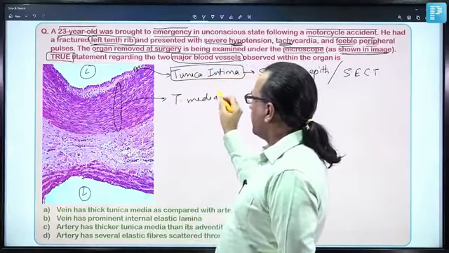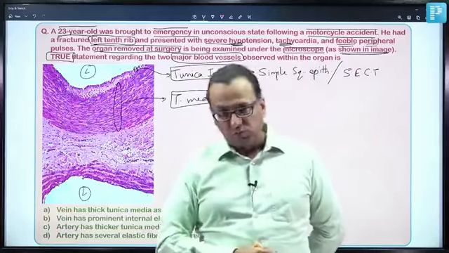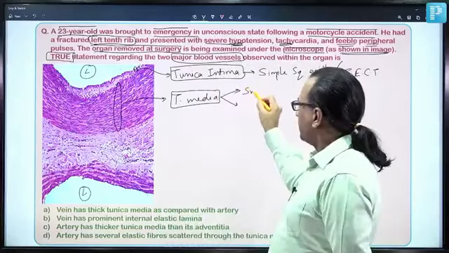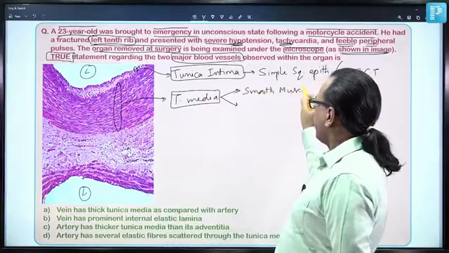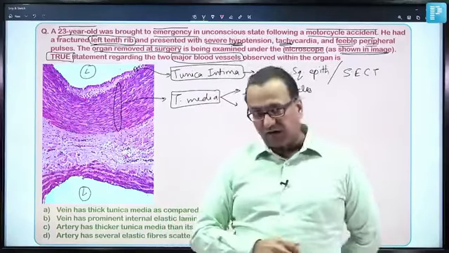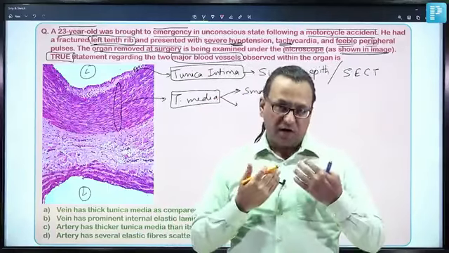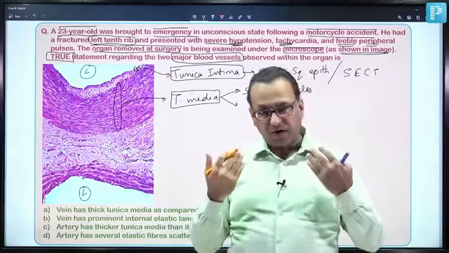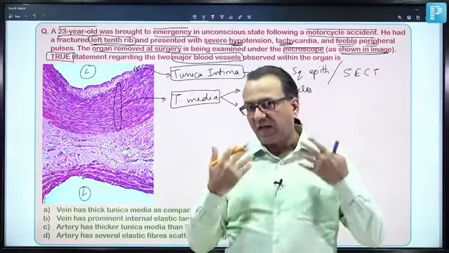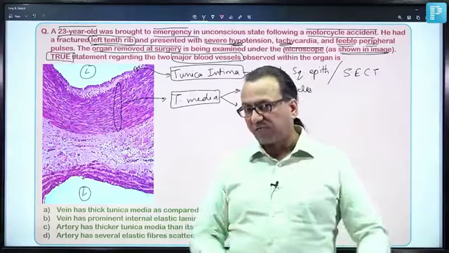In the tunica media, mostly it is smooth muscles found here, but it depends. If it is an elastic artery, which is near to the heart, like the pulmonary trunk or the aorta, then it can have more elastic fibers.